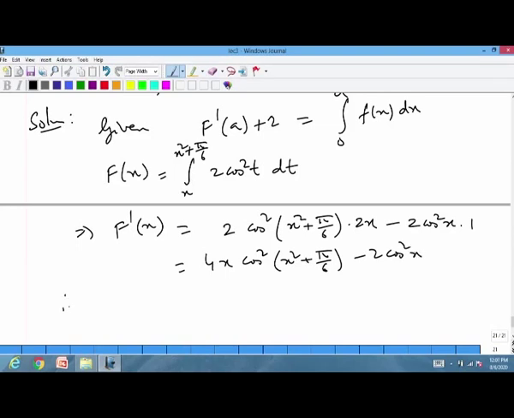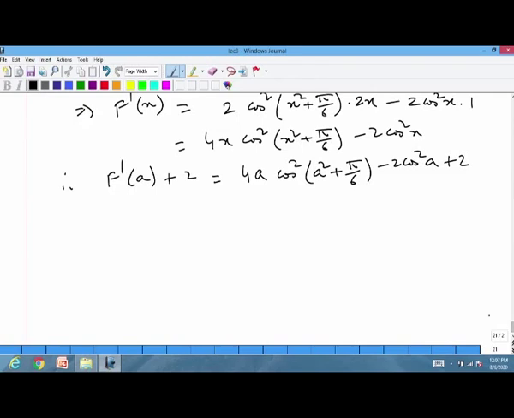So, therefore, f prime a plus 2 will be equal to 4 a cos square a square plus pi by 6 minus 2 cos square a plus 2, which I can write as 4 a cos square a square plus pi by 6 plus 2 sin square a, because sin square a is 1 minus cos square a.